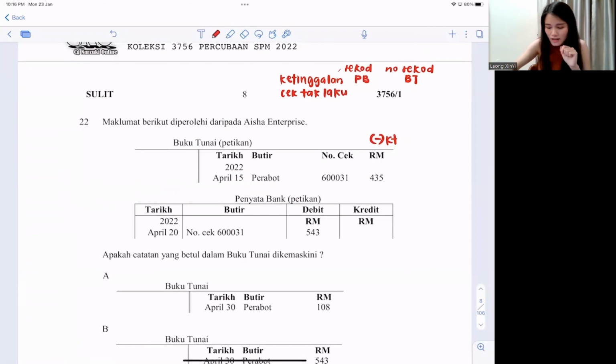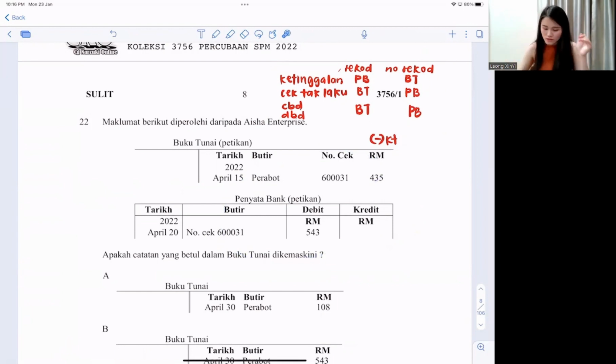Cek tak laku is your BT record, but PB doesn't record. CBD, DBD, both same. Record is in buku tunai, but penyata bank does not record. So you get it that why I assume and why I say it's confirmed kesilapan, because the rest of the factors are all one side only. Means only one of them record, the other one doesn't. So how can you even compare like this? But kesilapan must be shown with a different number. Then we confirm it's a kesilapan lah.